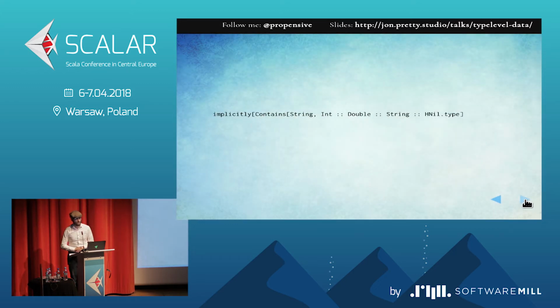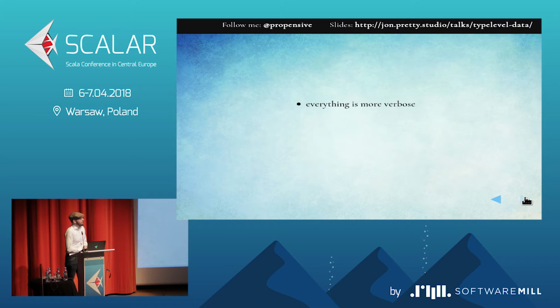And what we can then do is check whether, for example, String is contained within the HList Int, Double, String, HNil. It will recurse a couple of times before it gets to the String being the head. Then it will find that head implicit, and then it will return and unwind. So that implicit has been found. All is good. But everything's more verbose.